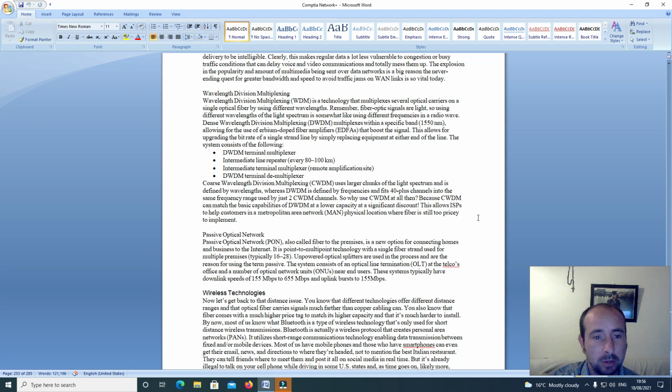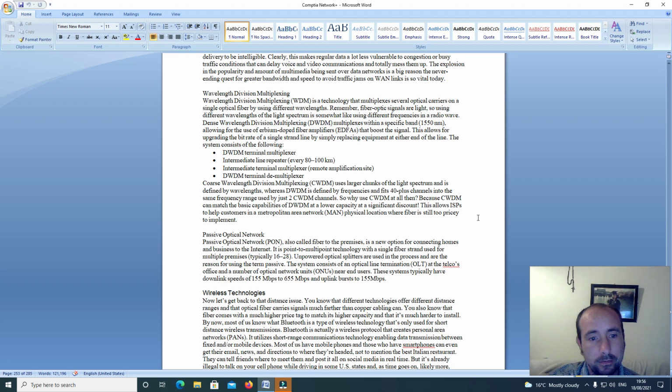Wavelength division multiplexing. Wavelength division multiplexing, WDM, is a technology that multiplexes several optical carriers on a single optical fibre by using different wavelengths. Remember, fibre optic signals are light, so using different wavelengths of the light spectrum is somewhat like using different frequencies in a radio wave.